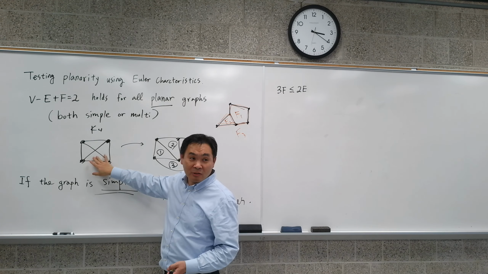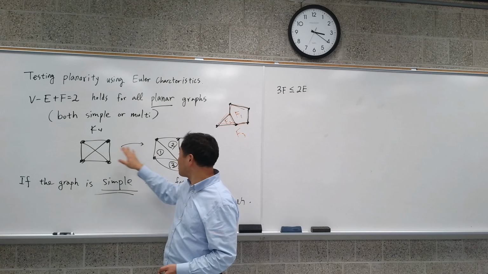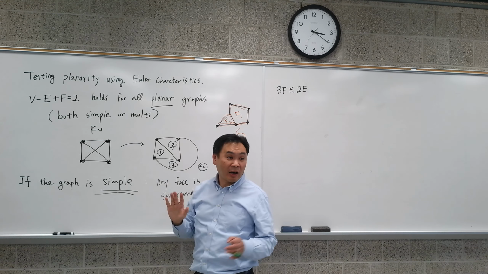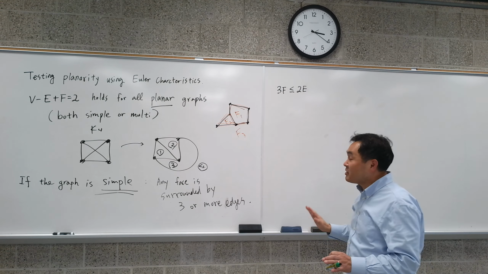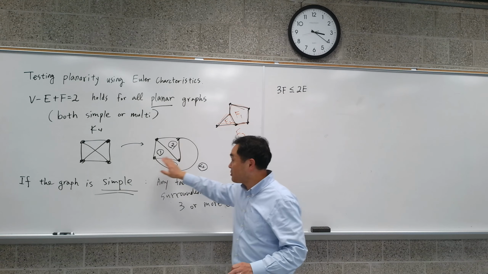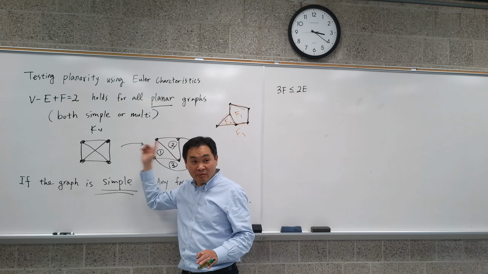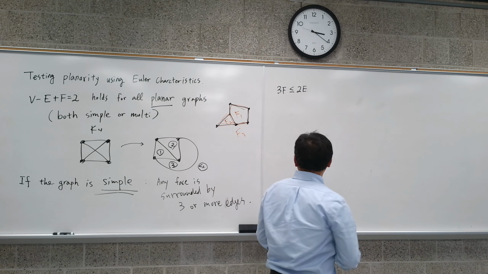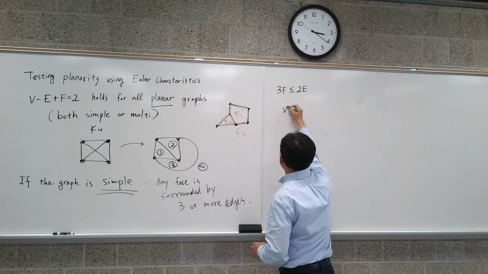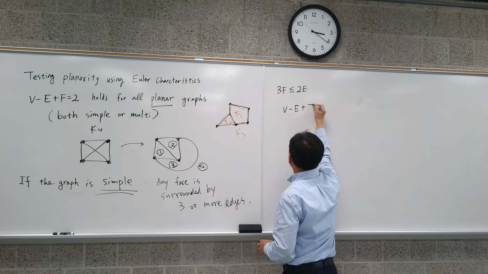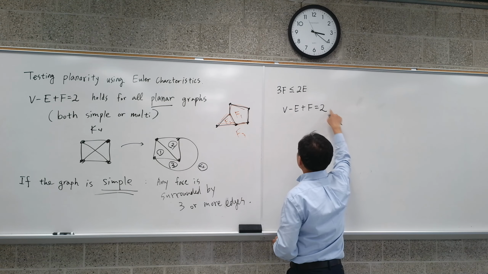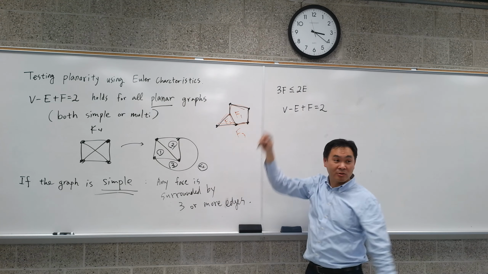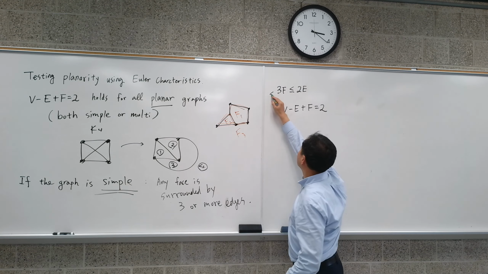So is it possible to redraw this one so that it looks planar? I don't know. But let's say there was, okay? If we succeeded in making it into a planar graph from some given graph, then we know that this will always be true. This will be true because it's planar. And this will also be true because it's simple. So both should be true.